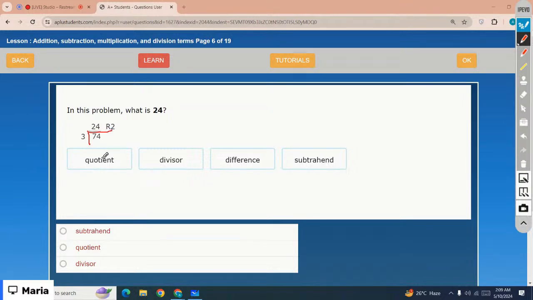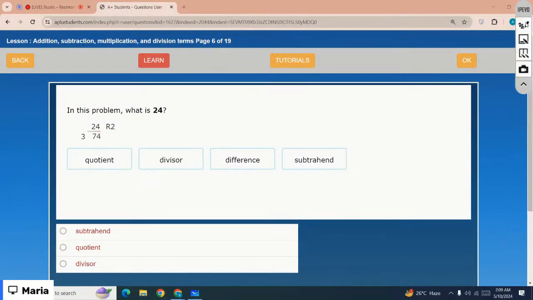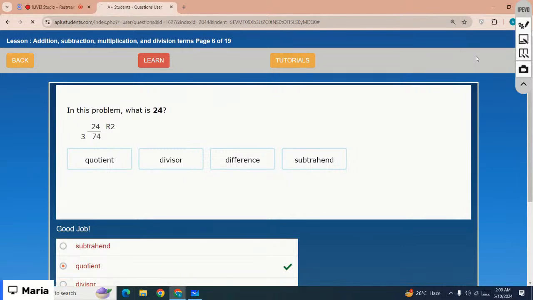So which is the correct option? 24 is the quotient, not remainder. The correct option is quotient.